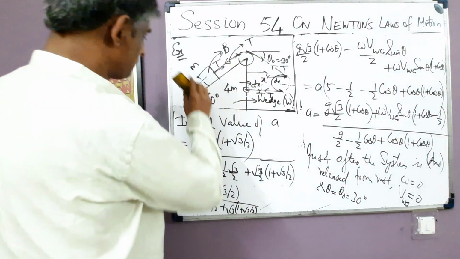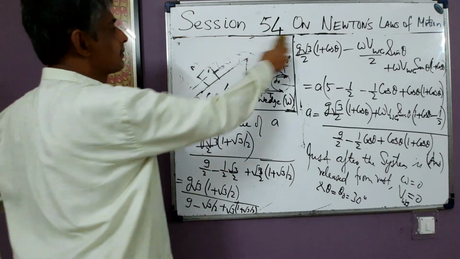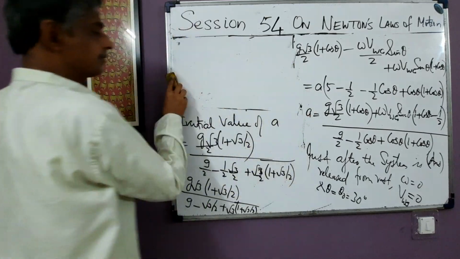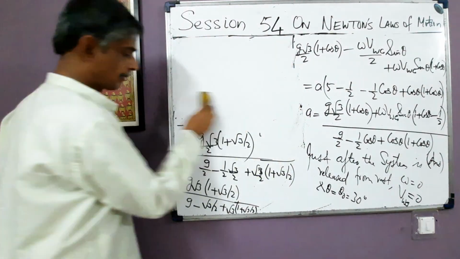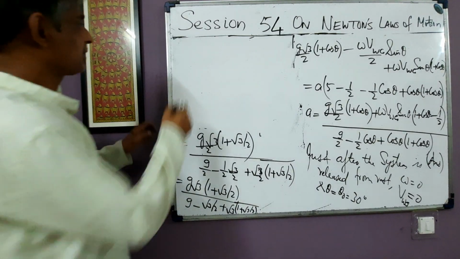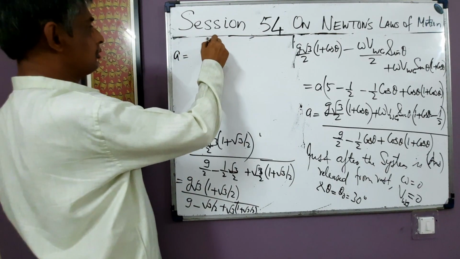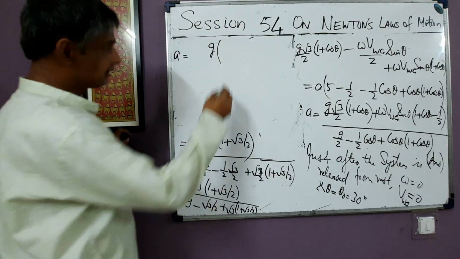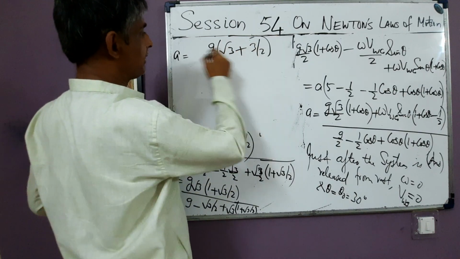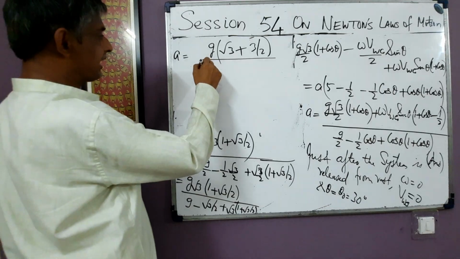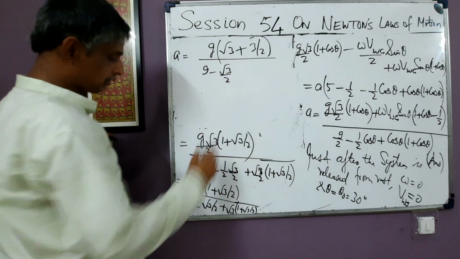I rub this one now, okay? So, initial value of A becomes this much. G root 3 I put inside. Root 3 plus root 3 becomes 3. 3 by 2. Here it becomes 9 minus root 3 by 2.